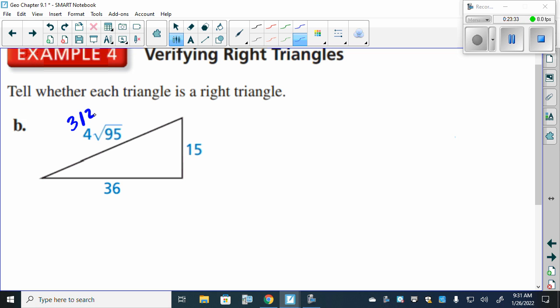So it is the biggest side. I think you had the fourth root of 95.